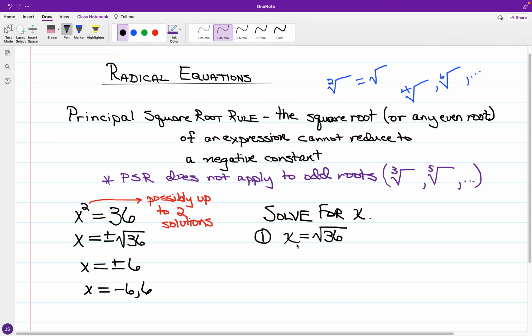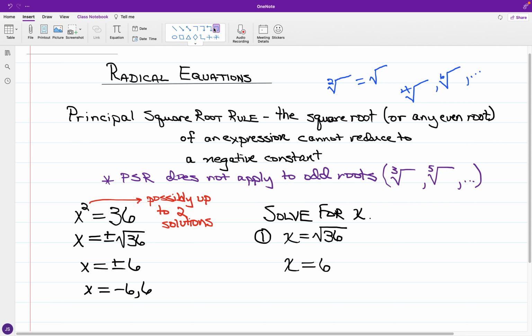Notice we don't have x to the second. Think of x to the first equal to the square root of 36. With the conditional, x is going to have one solution, which is the square root of 36, and the square root of a positive is going to be a positive only. So in this case, there is only one solution for this equation, and that is 6.